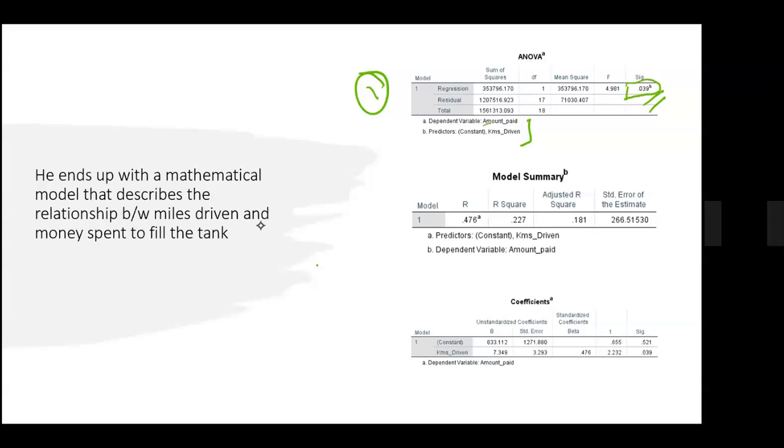It's 3.9%. So it's 0.039. It's less than 0.05, which means this is significant or not? Yes, significant. So the model is significant, right? So we can go with regression, right?